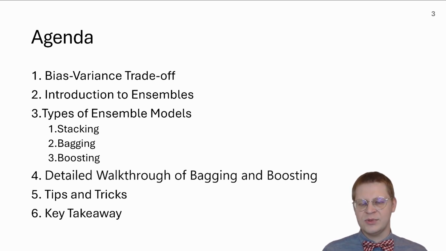Then we'll have tips and tricks, like best practices for implementing ensembles efficiently and effectively. And key takeaways as a summary of how and when to apply ensemble techniques. Our focus will be both conceptual and practical, equipping you with the tools to understand, implement, and optimize ensemble methods.